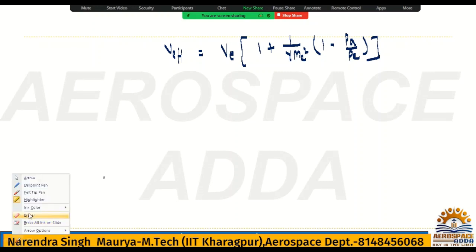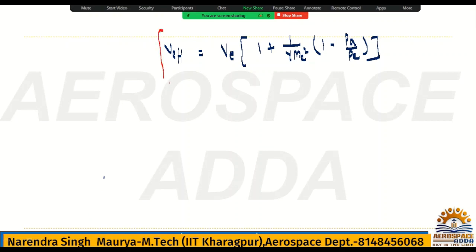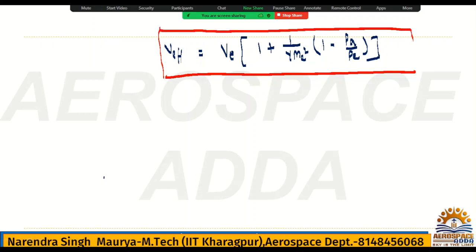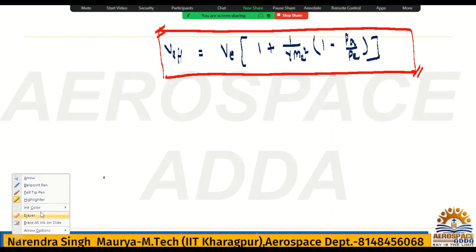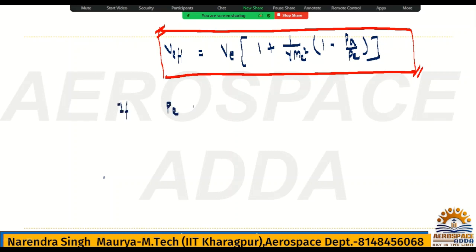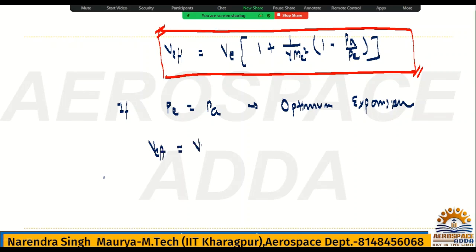Again, this formula is in terms of Mach number, the exit Mach number. If the exit Mach number is given and they ask you to calculate effective exhaust velocity, you can do that. One more thing, if PE is equal to PA, which is optimum expansion, then effective exhaust velocity is nothing but VE.